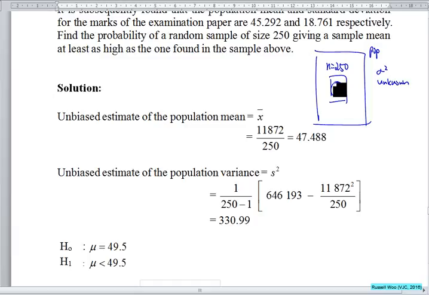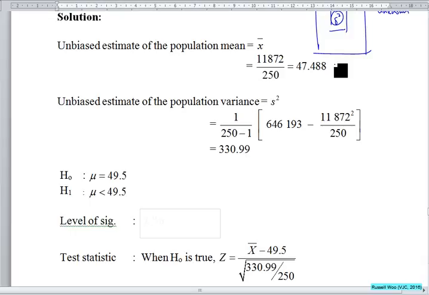Now, as I said, if you don't know what to do, just follow the steps first. Step 1: state the null hypothesis and the alternative hypothesis. State the level of significance. We don't know it, never mind, just leave it as alpha percent. Then write down the test statistic.